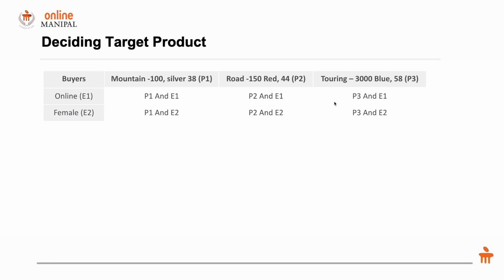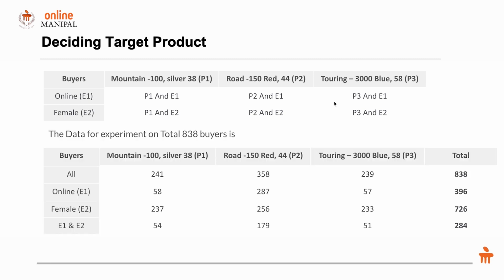Let's look at the data that we have. In this table, I've gathered together the data for the 838 buyers that we were looking at. Out of the 838 buyers, overall 241 buyers purchased product 1, 358 buyers purchased product 2, and 239 buyers purchased product 3. We also have the distribution for event 1, which is online, event 2, which is female buyers, and a combination of the events.